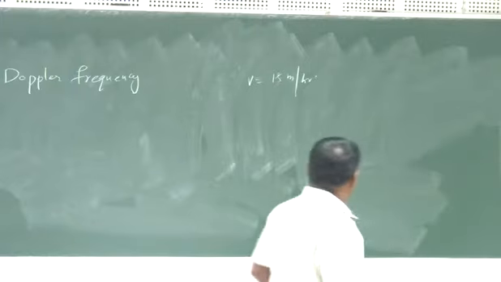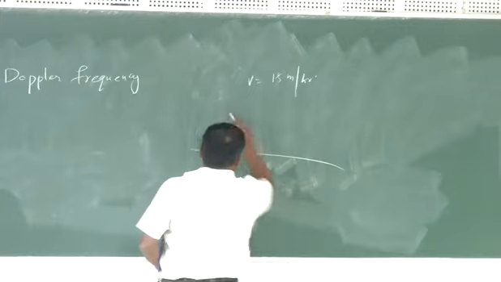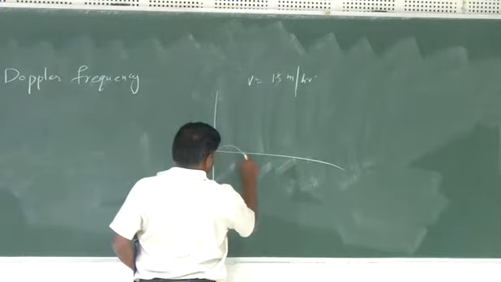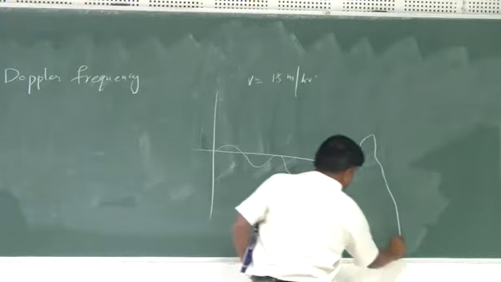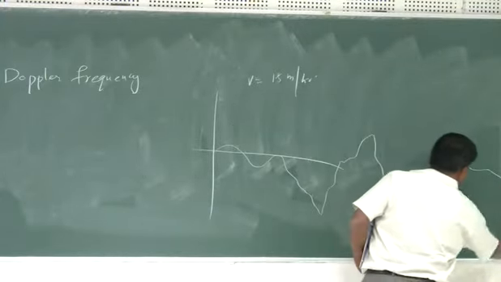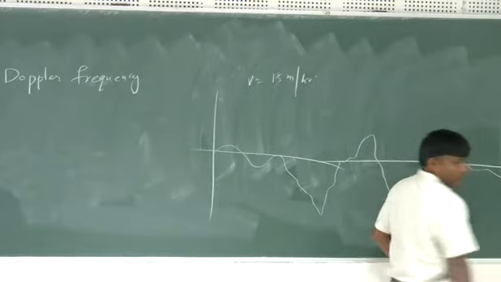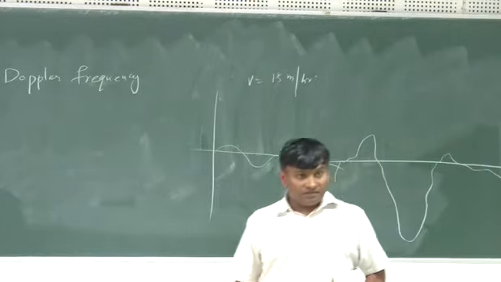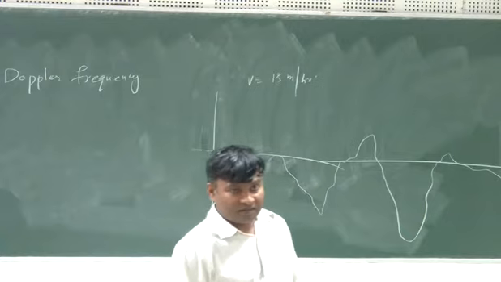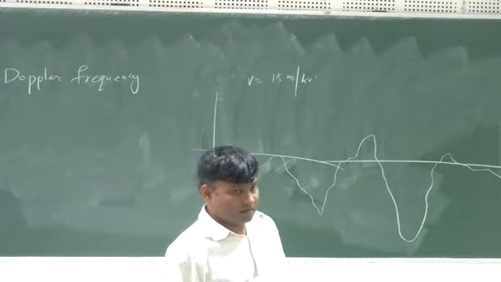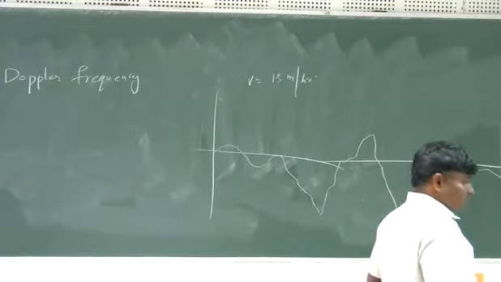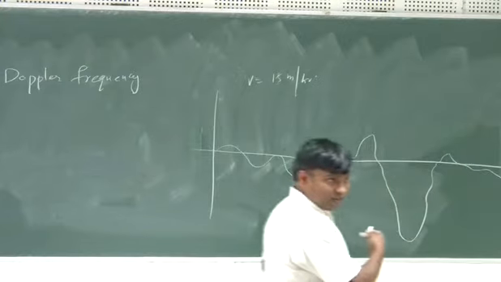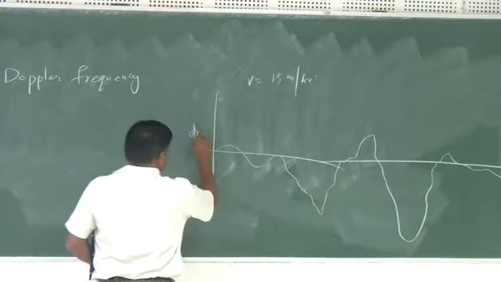And if it is moving at 3 kilometers per hour, you would expect the variations to be something like this. Variations are rather slow. This is the signal amplitude measured in decibels.